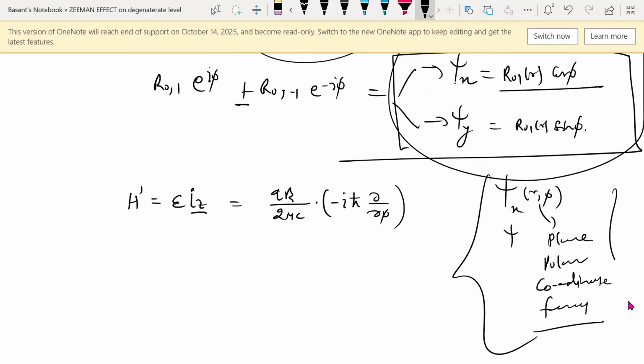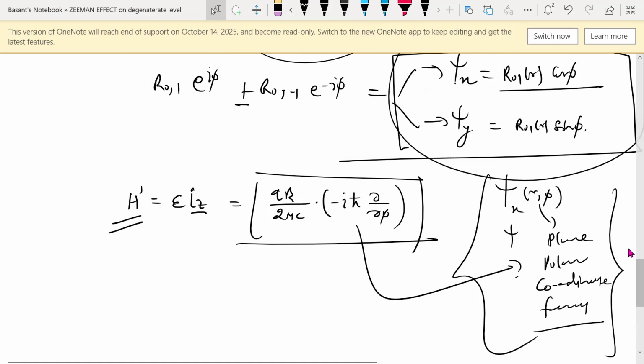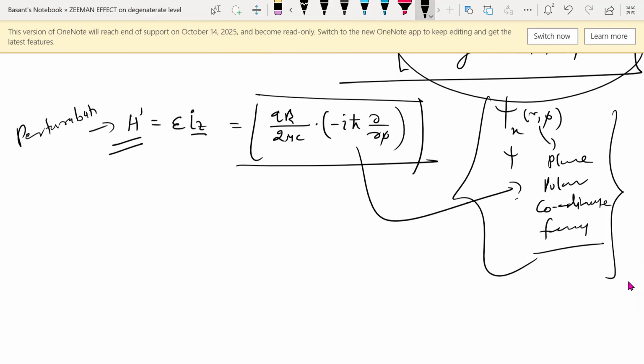So the operator is also taken in plane polar coordinate form, and in this term the H dash, that is the perturbation, is given as this much. Lz is the operator, Lz is equal to minus i h bar del by del phi, and epsilon is the strength, which depends on the strength of the magnetic field.